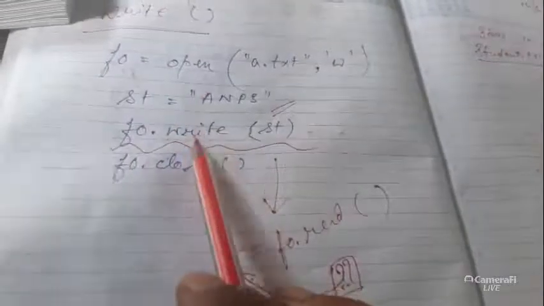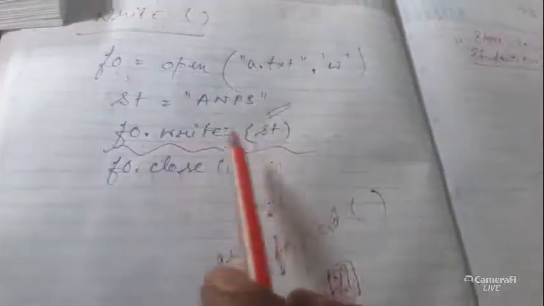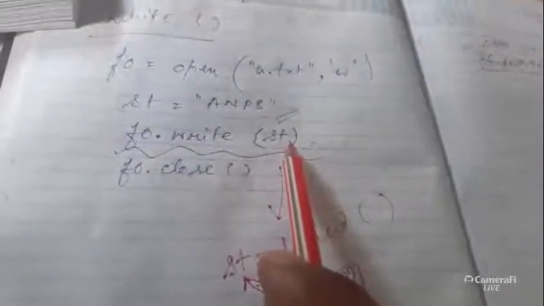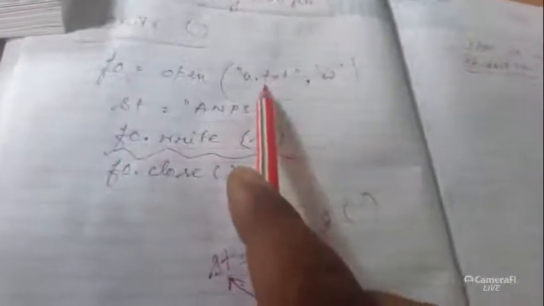I am using the write method of file handling, and within this write method I am passing the value that I want to add into my file. So with fo.write, this ANPS will go into the file object. The file object is handling this file a.txt, and ultimately after doing the operation you can simply close.